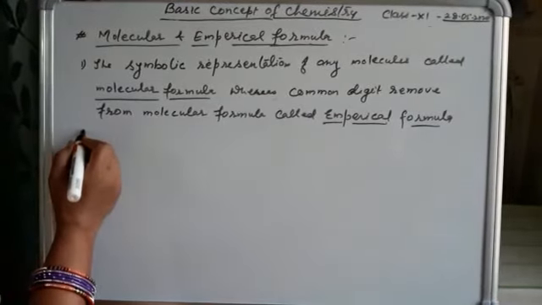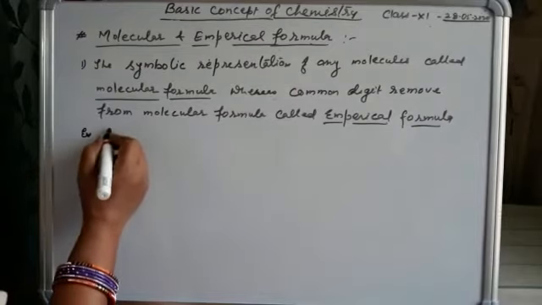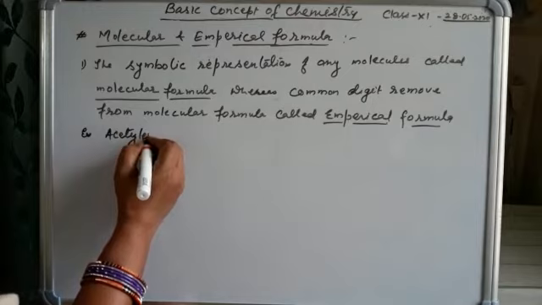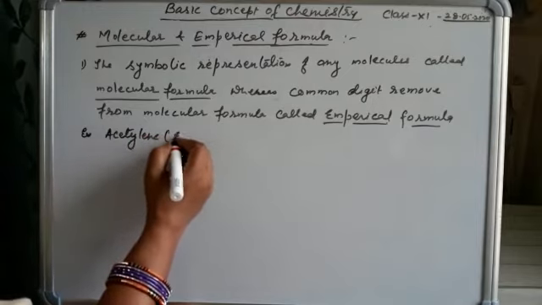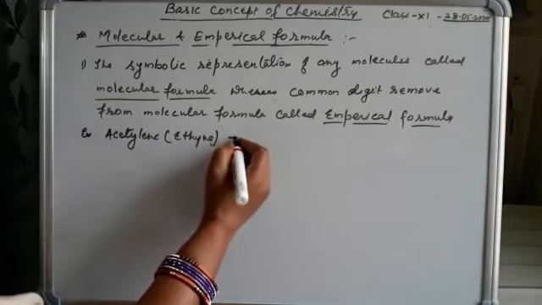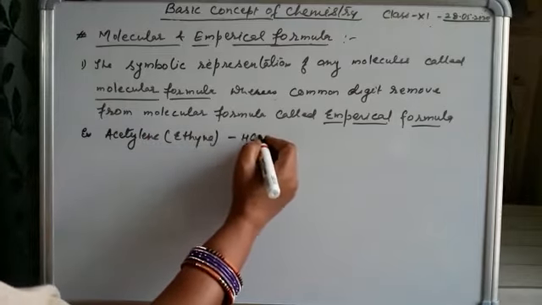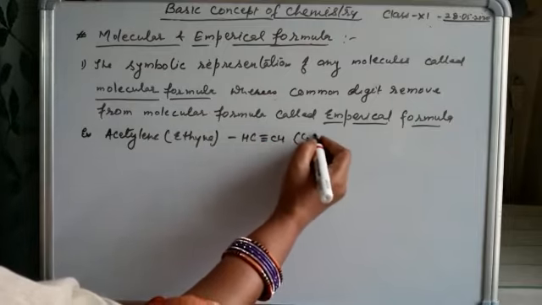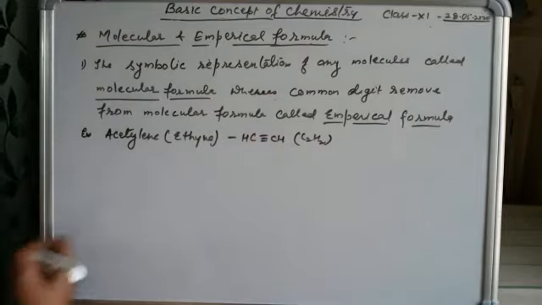For example, acetylene. It is also known as ethyne, and its formula is CH double bond CH, and its molecular formula is C2H2.